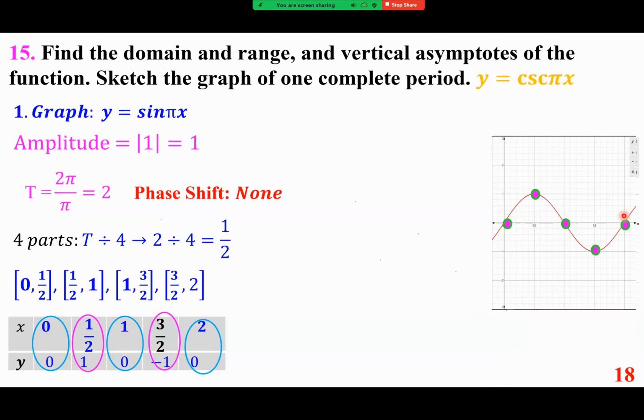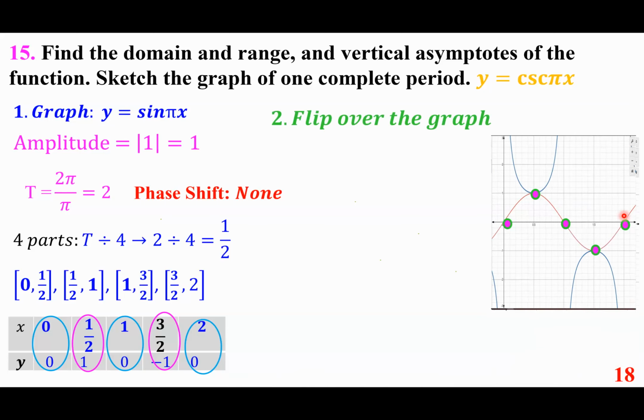Now, as far as the cosecant is concerned, we're going to flip over the graph, and it looks like that, which gives rise to the domain. X can't be an integer. For example, anywhere that you see 0, it's the reciprocal of that, right? So it can't be.